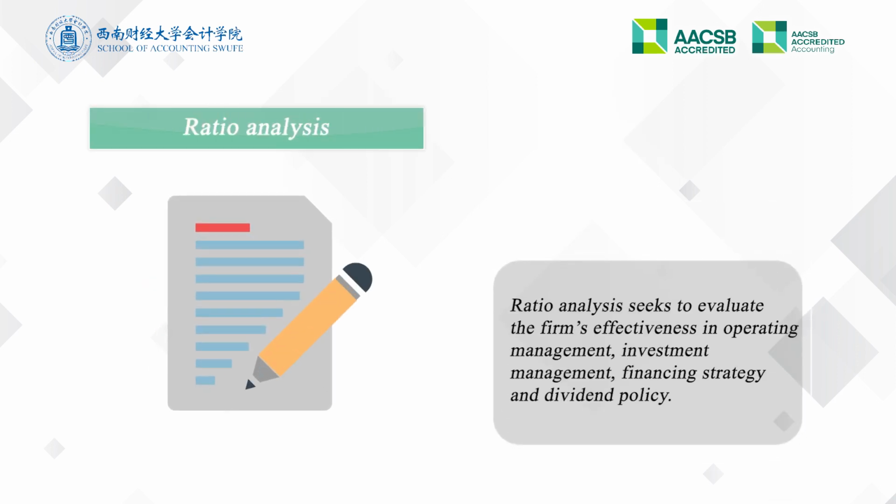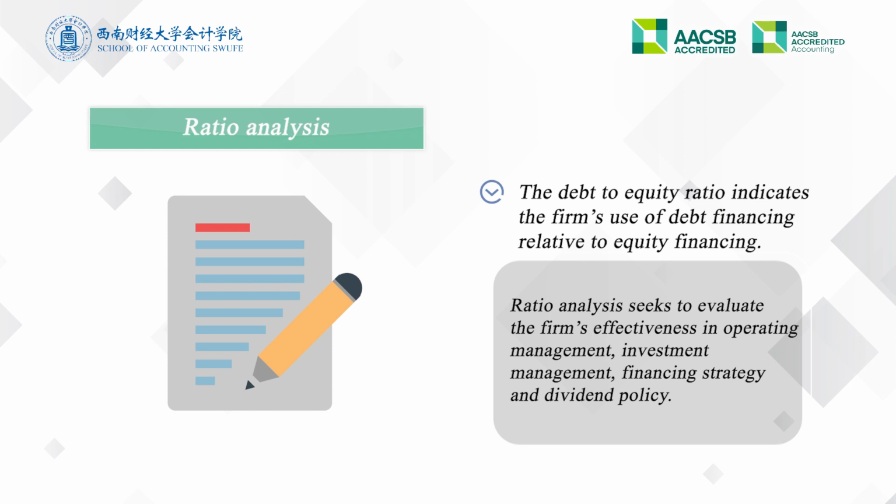The ratio analysis seeks to evaluate the firm's effectiveness in operating management, investment management, financing strategy, and dividend policy. For example, the debt-to-equity ratio indicates the firm's use of debt financing relative to equity financing.